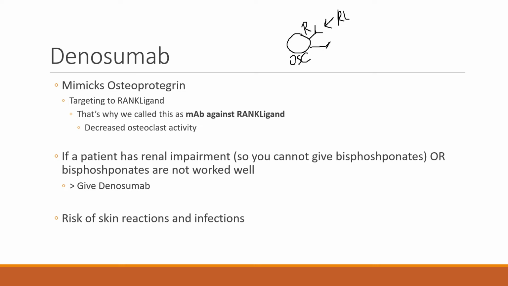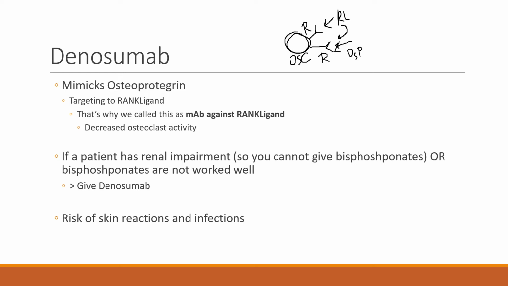But if osteoprotegerin comes and binds to the RANK, it will block the binding of RANK ligand. So osteoprotegerin will block RANK ligand binding to RANK, causing decreased activity of osteoclasts.